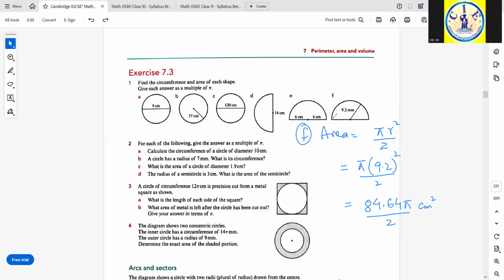In case of area, no need to include this side as we did when calculating the circumference. In circumference, we added this portion which was 9.2, and then we added this portion 9.2. That was actually the length of the diameter. Now we can further simplify it. This is going to be the answer for the area of this semicircle. So that completes question number 1.